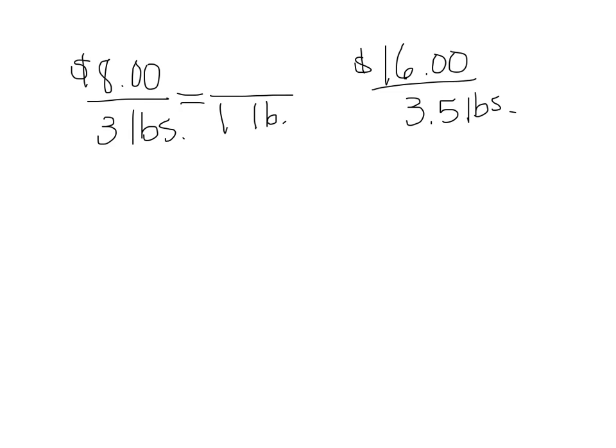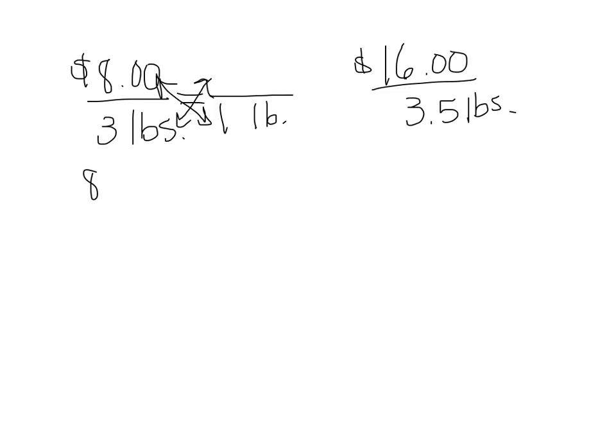Okay, I want to do a unit rate. How much will it cost for just 1 pound for the first brand? So remember, cross products will equal each other. You remember that the cross products should equal each other if it's a proportion. Do we want it to be the same value on each one?